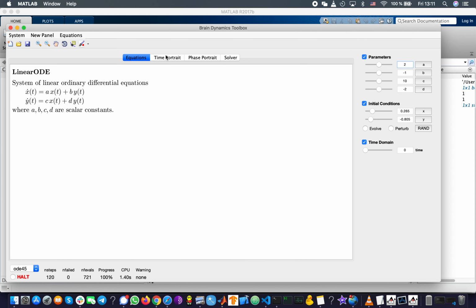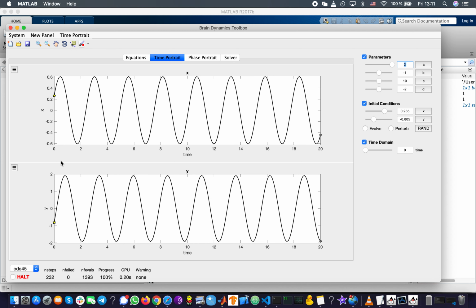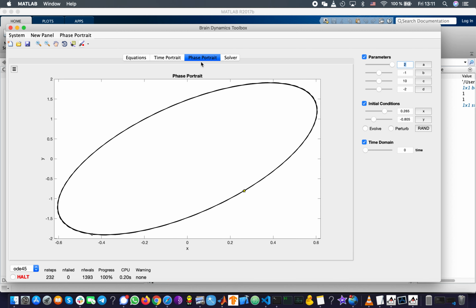So here you can see the oscillation, x with respect to t. You will see the oscillation which is coming from the essence of imaginary numbers, and in the phase portrait you will see a center. So this is what we call a center.